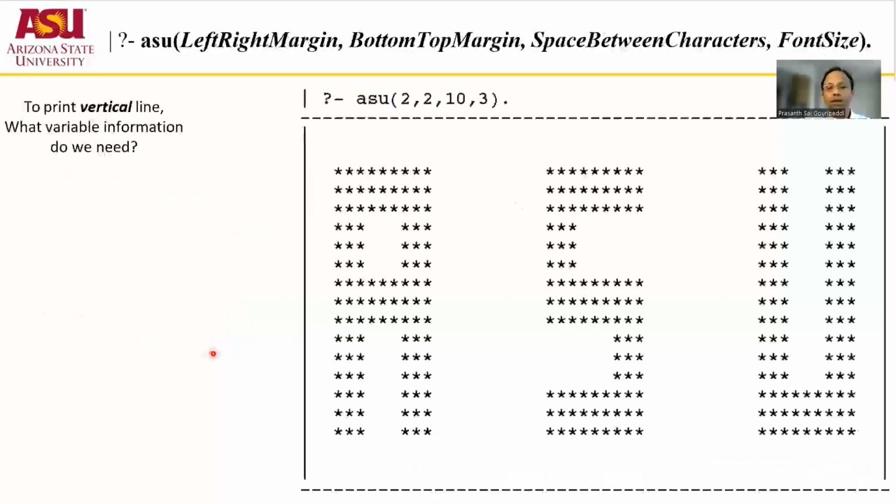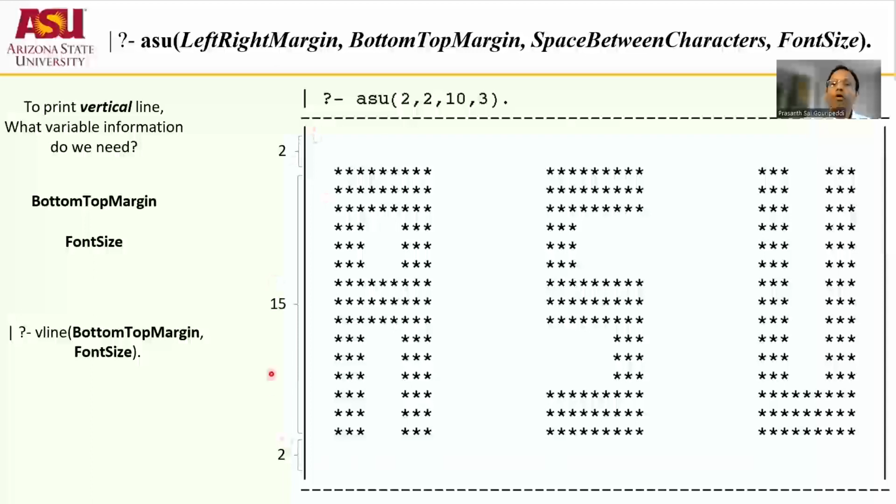What about the vertical line? We need to be able to draw this line for our box around the ASU characters. For drawing this vertical line, we need only two inputs: the top and bottom margin and the font size.